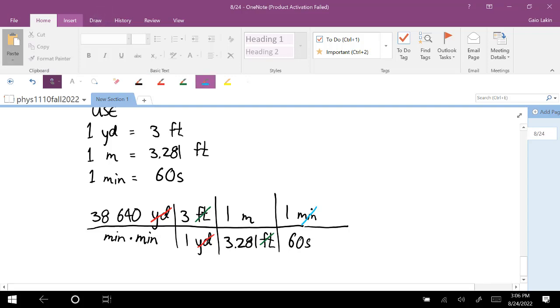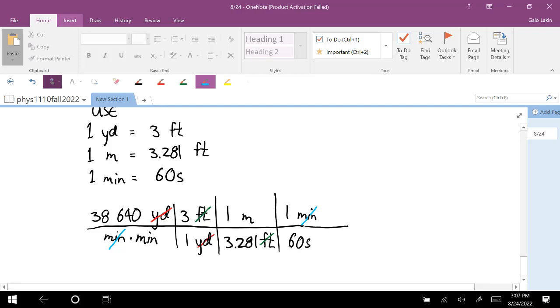Notice that this minute here only cancels one of these 2 minutes. Like if you thought of that as an algebraic variable, it wouldn't cancel both of them. So after doing this, we have sort of this mixed unit of meters per second per minute.